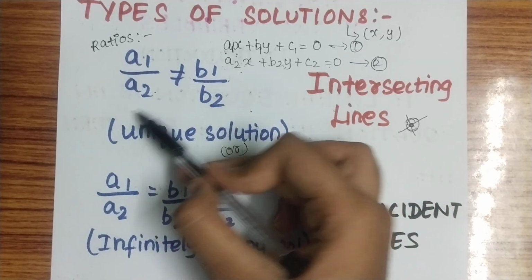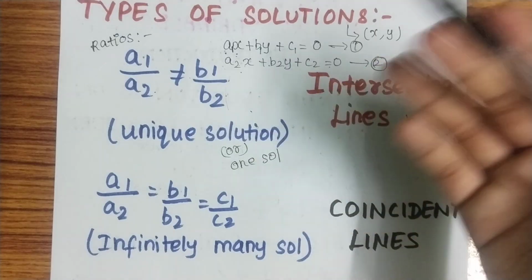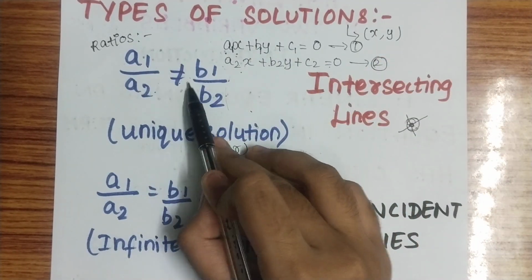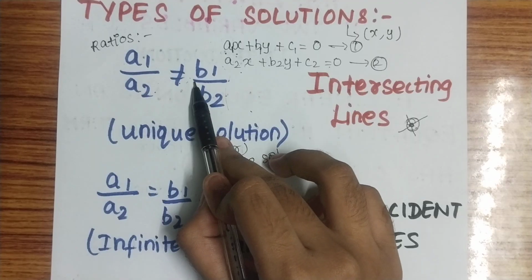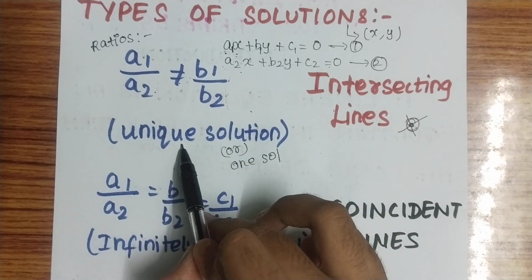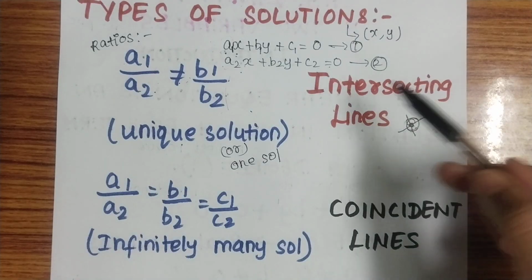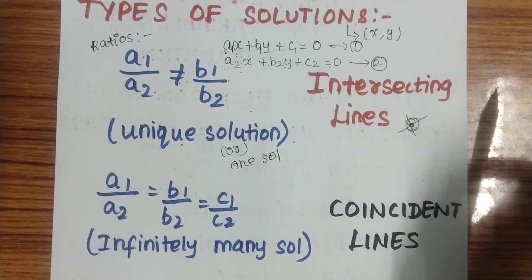In place of a1 and a2 you'll have a set of numbers, and you have to check the ratios. If they are not equal, I can say that it is an intersecting line which has a unique solution.